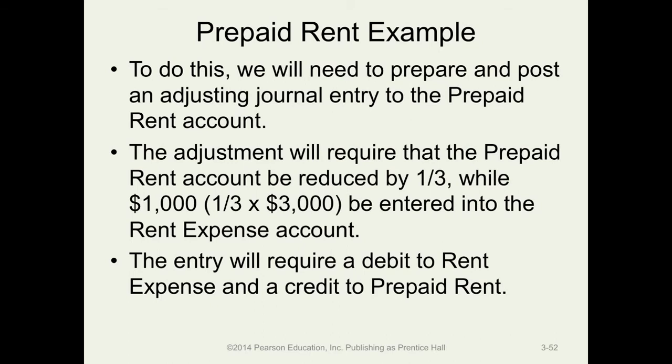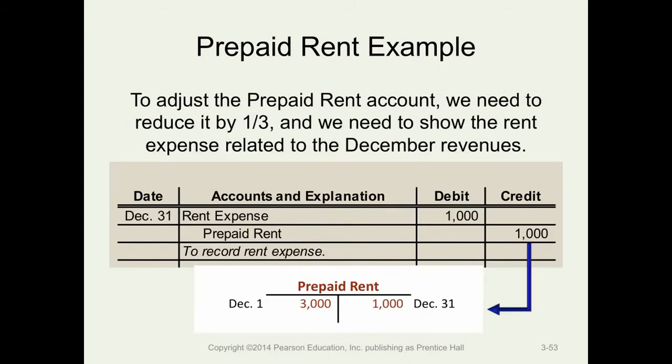And the time period assumption results in the concept that we're using to cut off on December 31st. So 1/3 will be rent expense, and the other 2/3 will be the asset. So in this case, we're going to have a debit to rent expense and a credit to prepaid rent.